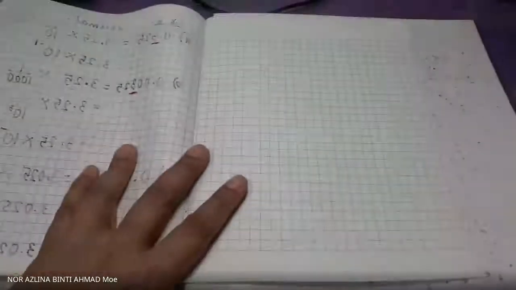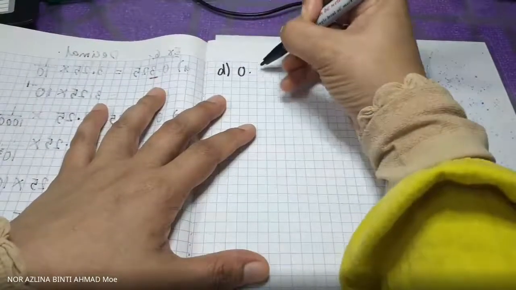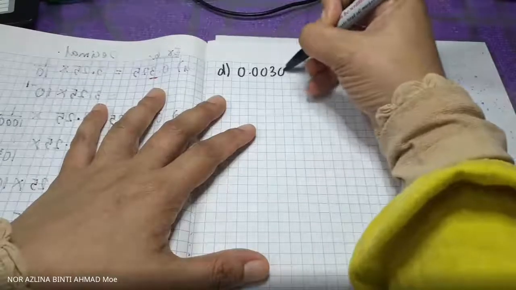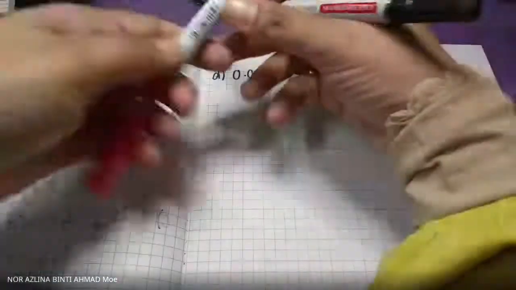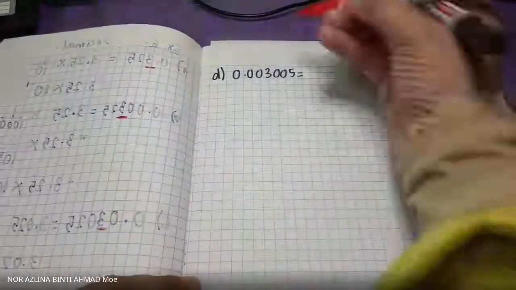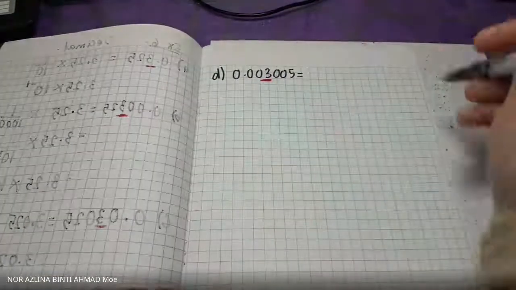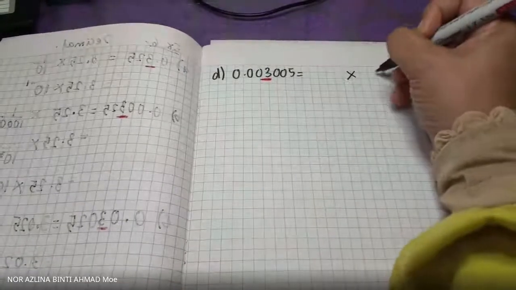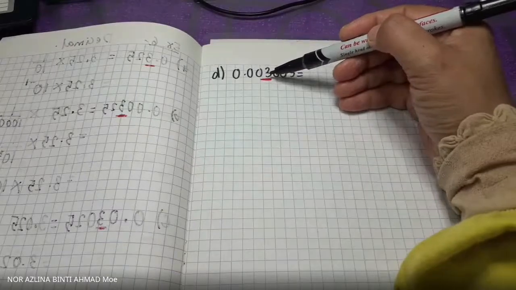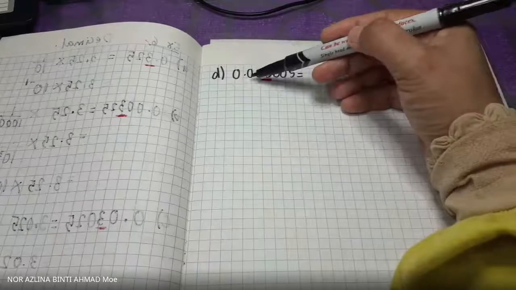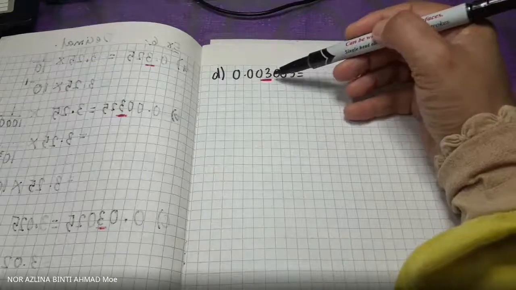Next, D. 0.00305. Look at number 3, and multiply 1 over. Okay, look at which number 3 is. 3 is the third number after the decimal point.